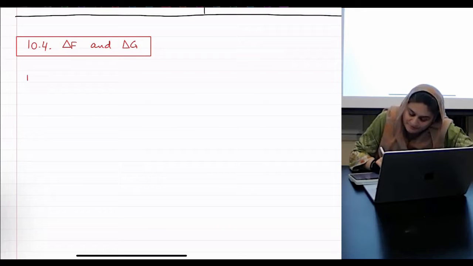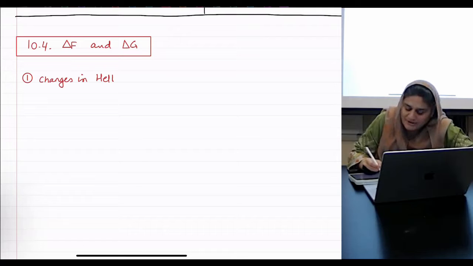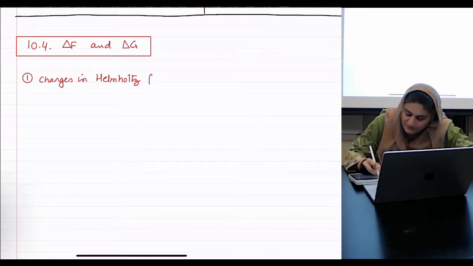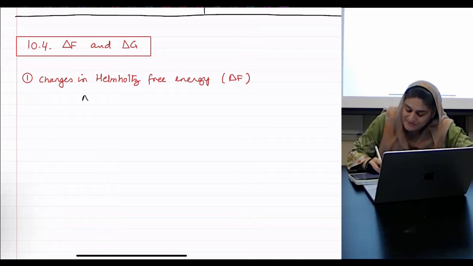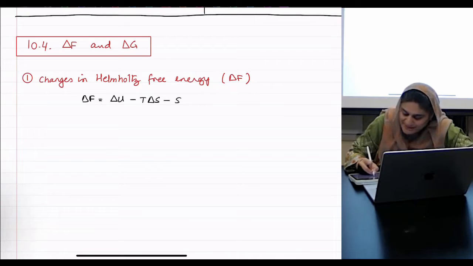So number one, changes in Helmholtz free energy, delta F. May I write the equation as delta U minus T delta S minus S delta T?